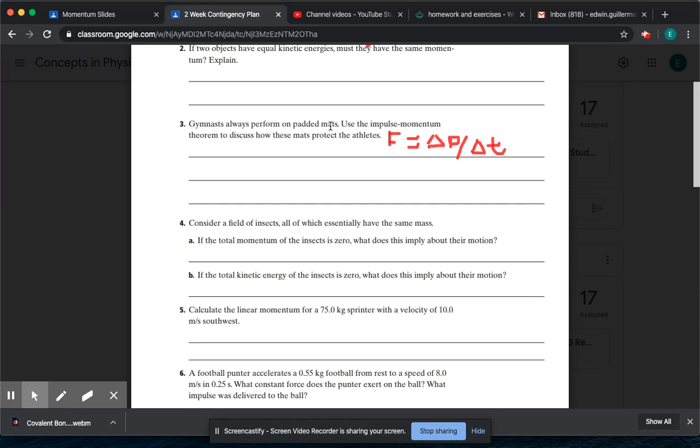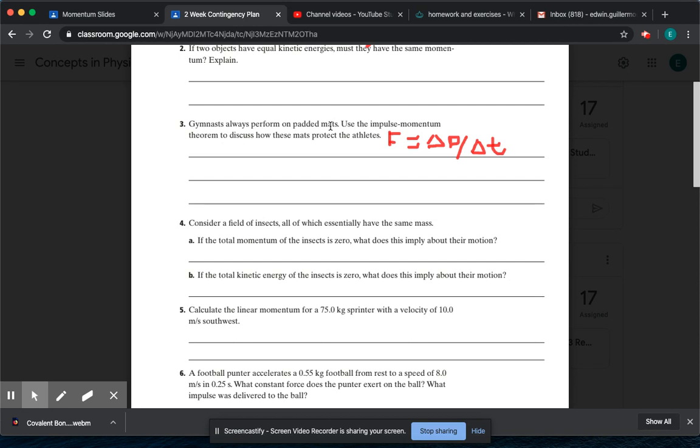It's the equivalent of either falling on concrete or falling on a mat. Falling on a mat is going to hurt less because of exactly this. Concrete has no give. If you fall on concrete, you're going from whatever speed you were going to 0 instantly. And that's why it hurts so much.